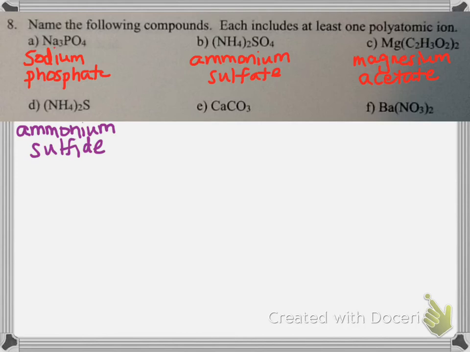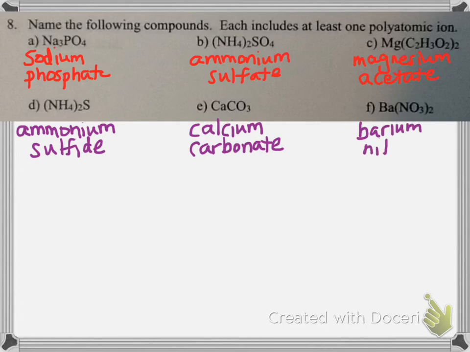CO3 is on the first page, that's carbonate. So this is calcium carbonate. Ba, that's barium ion. NO3 is on our first page, that's nitrate. So this is barium nitrate.